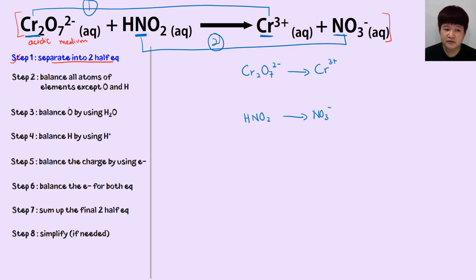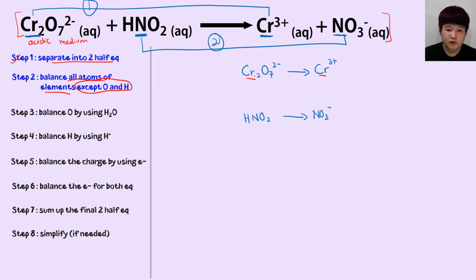Moving to step 2, we are going to balance all atoms of the elements except hydrogen and oxygen. In other words, we are going to ignore all the oxygen and hydrogen first and look for the other atoms. For example, in your first half equation, you have 2 Cr on the reactant and 1 Cr on the product.